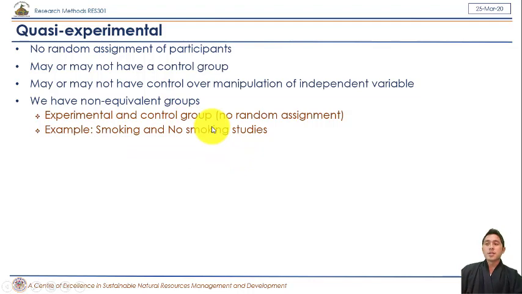So no randomization here, and again we cannot manipulate the independent variable like lung capacity. We can never manipulate the lung capacity. So that's when a quasi-experiment comes into play, and it's very important.